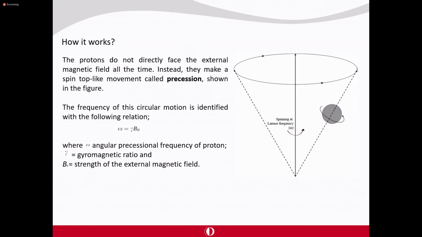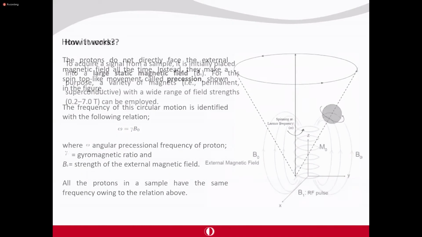And this frequency that we are referring to is usually known as the Larmor frequency. So this omega that you see is denoting the Larmor frequency. So whenever I say 300 megahertz system, 400 megahertz system, or 13 megahertz system, in fact, I'm referring to that frequency. And all the protons in a sample have the same frequency owing to the relation above.